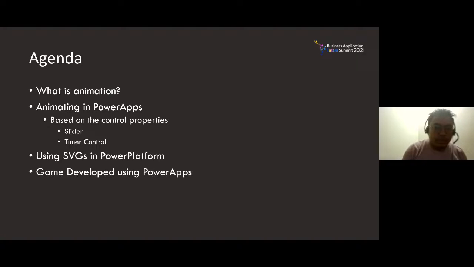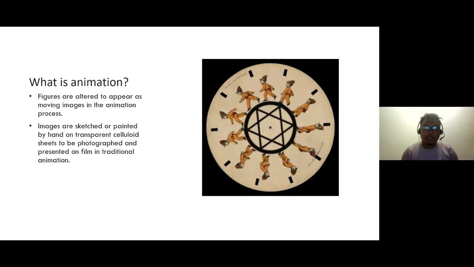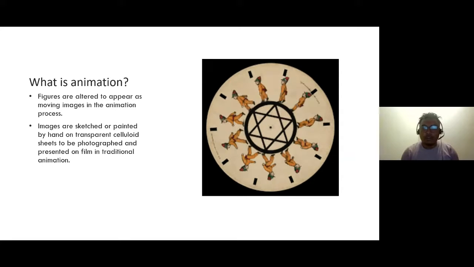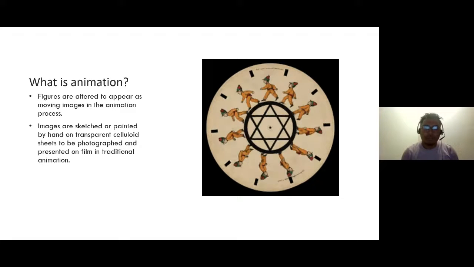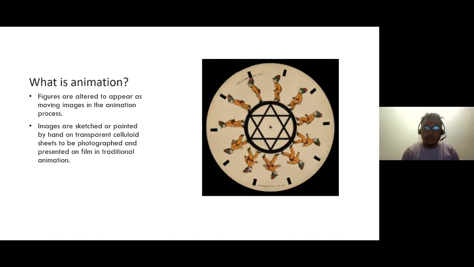So let's get started. Basically, when you are animating, we want some figures to appear as moving images instead of static images. In Power Platform, we can put different components like an image or a control, or maybe a progress bar. So different components that we can put within the canvas.